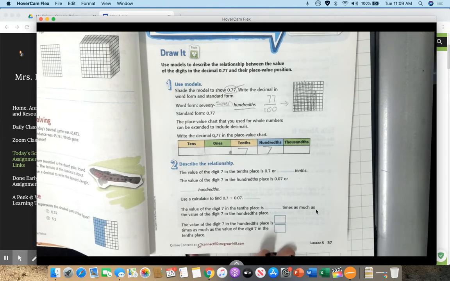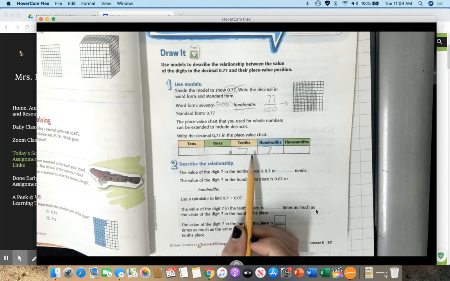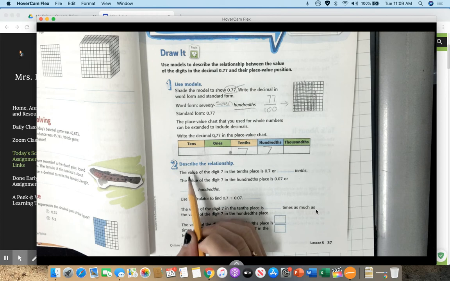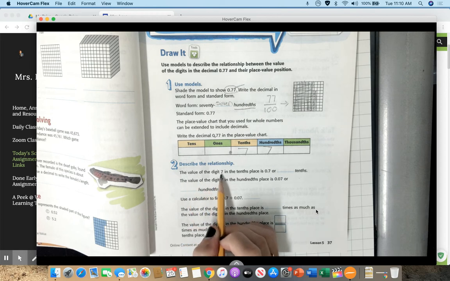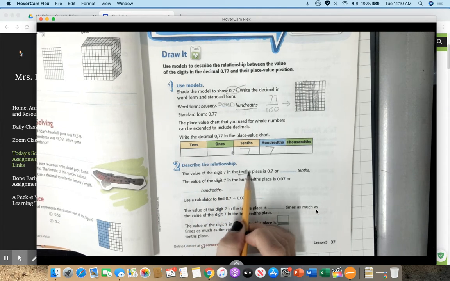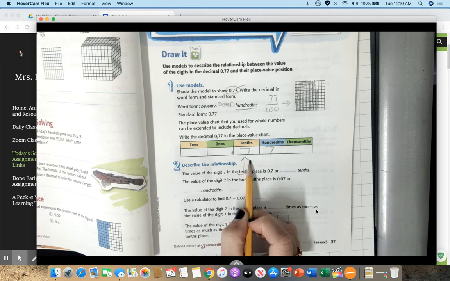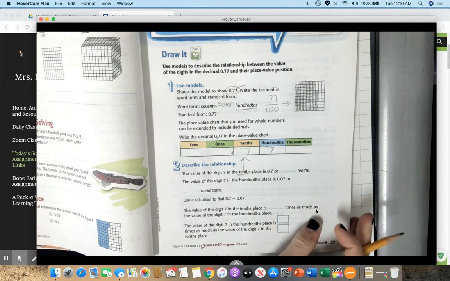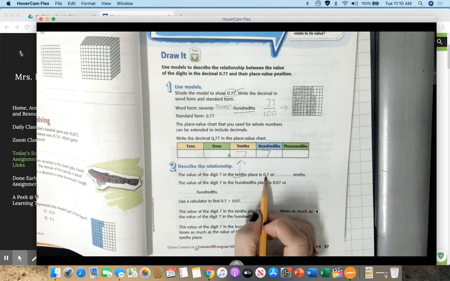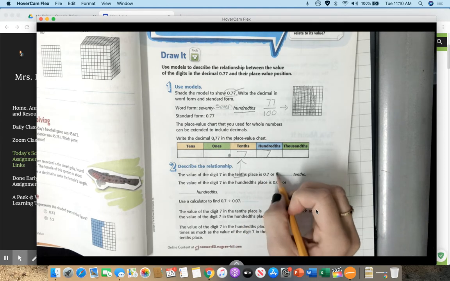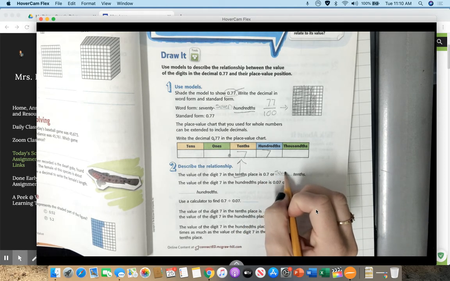Now we're going to talk a little bit about the relationship between these two 7s. The value of the digit 7 that's in the tenths place, which is right here, is 7 tenths, which is 0.7, or we can write it in word form, 7 tenths.